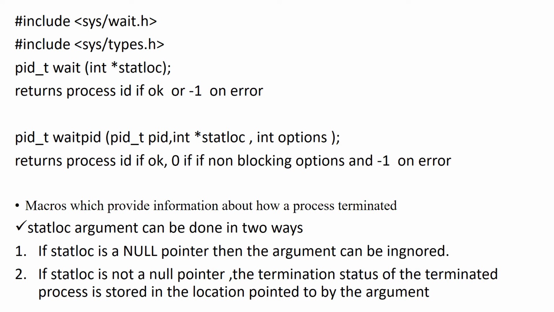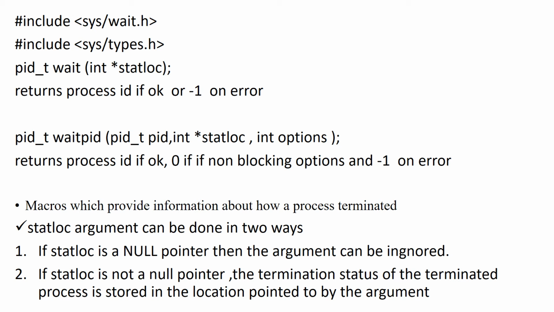Another function prototype is waitpid, which includes parameters. If it returns the process ID, the process is okay. Otherwise it returns 0 if non-blocking options are there. Otherwise it returns -1 only when an error is generated.